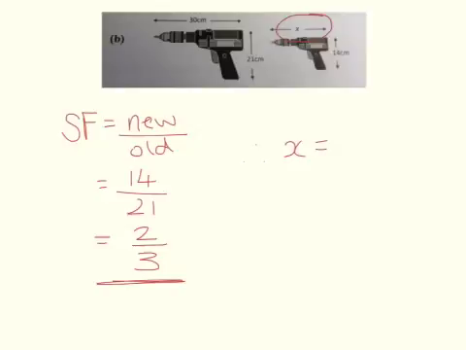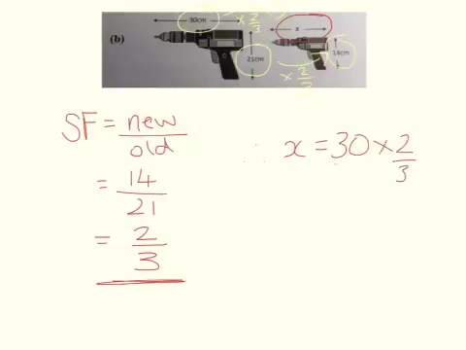So when I did 21 multiplied by 2/3, I got 14. So the exact same is going to happen here. To calculate x, I'm going to need to multiply 30 by 2/3. So I'm going to do 30 times 2/3.